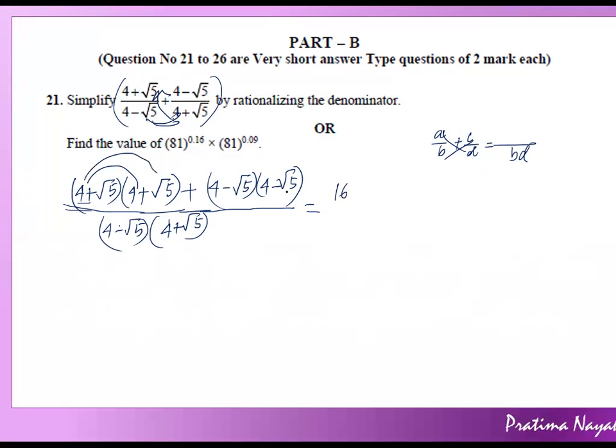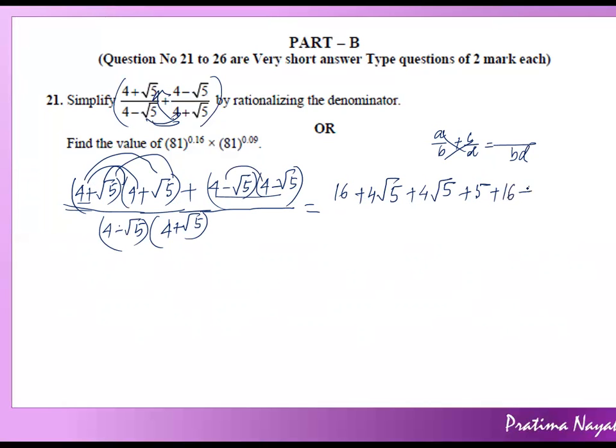Then 4 into under root 5 plus 4 root 5. Next you will get 4 root 5 again. Don't write root 5 4, write 4 root 5. We write the rational part first. Then root 5 into root 5 will be 5. In the same way, here you get 4 into 4, 16.